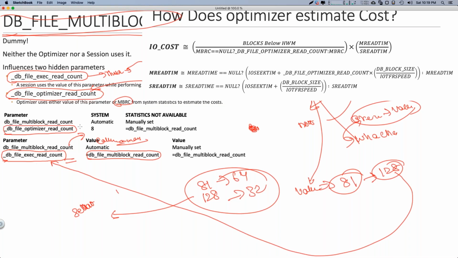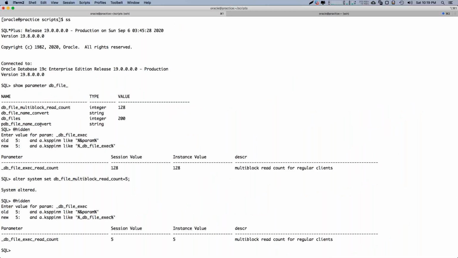This is the parameter used in estimating the cost of a full table scan. If you are allowing Oracle to determine the value of multi-block read count, this value will always be set to 8. So this has very strange implications. Most DBAs actually don't know this.